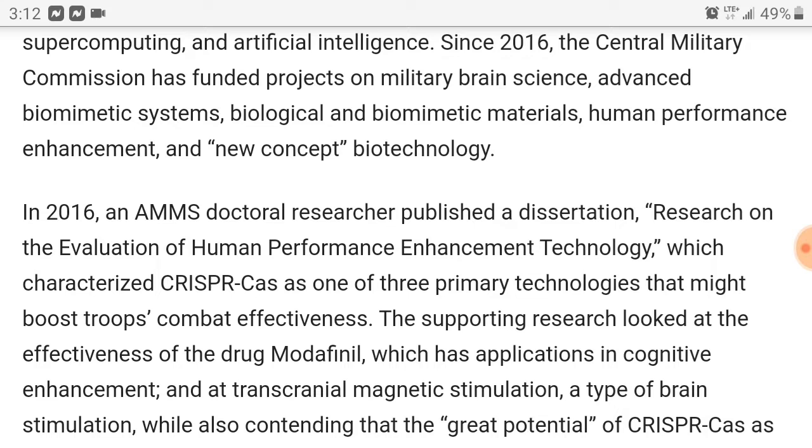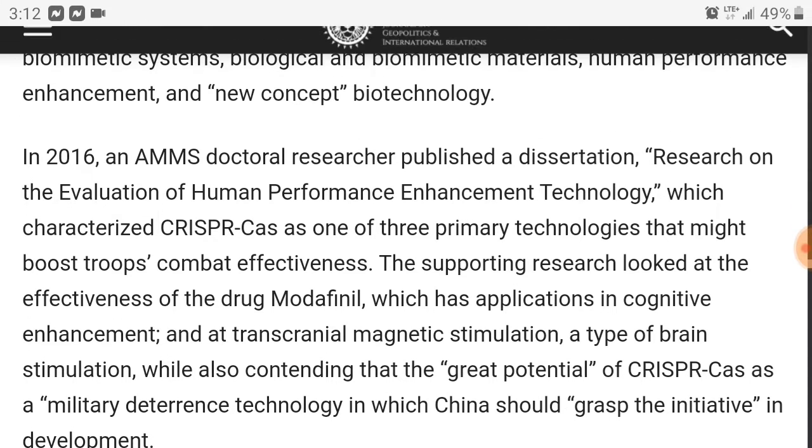This means we all knew China was way ahead of us when it came to artificial intelligence, AI, 5G, all of that. We knew they were so far ahead of us, but they're talking about already advancing human performance. They're talking about advancing all of this stuff. None of us have any idea of how advanced they actually are.